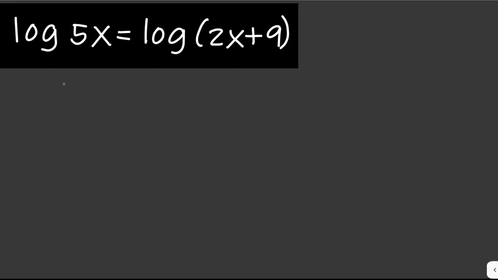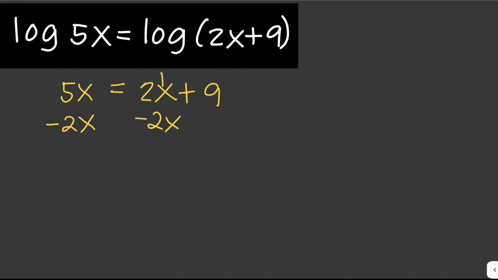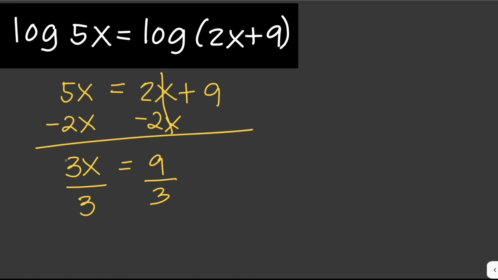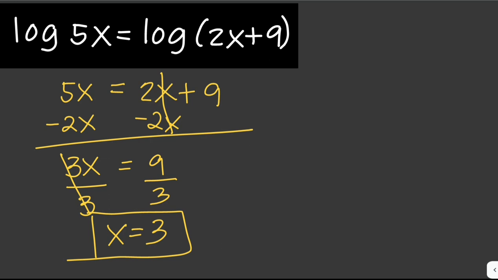So we can just equate 5x and 2x plus 9. Now we can solve for x. We subtract 2x from both sides. 5x minus 2x is 3x equals 9. Then we divide both sides by 3. Therefore, x is equal to 3. So this is the answer here.